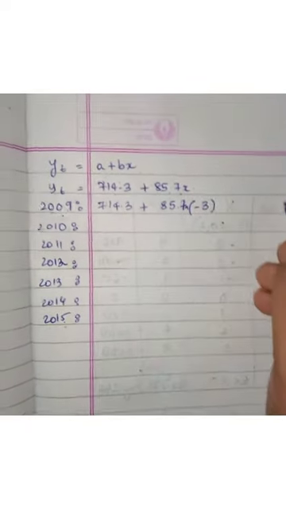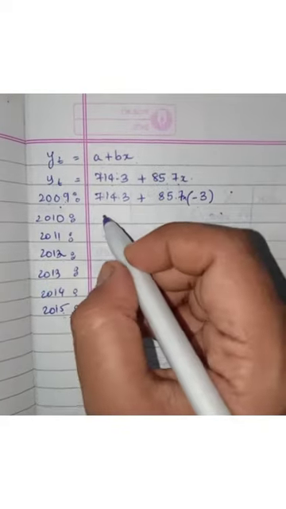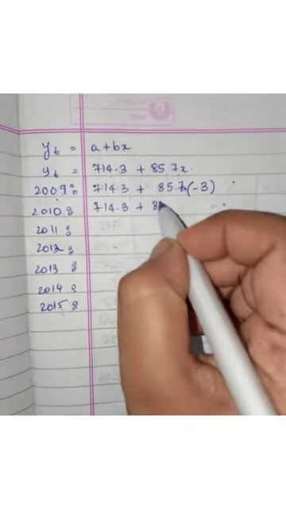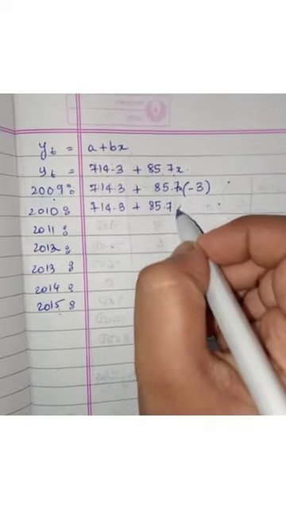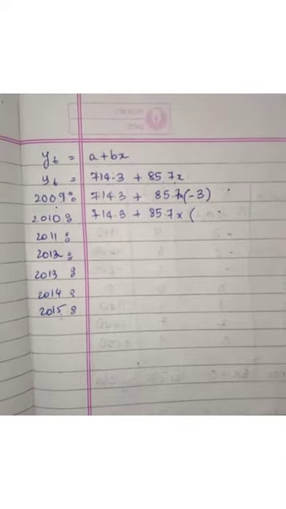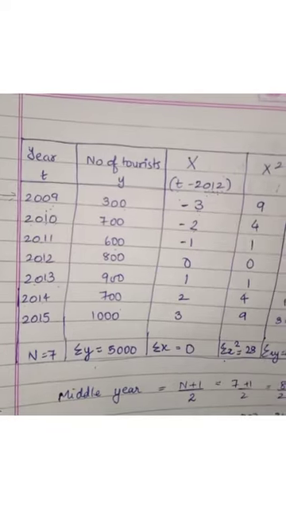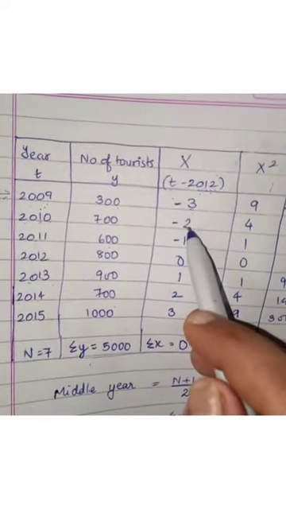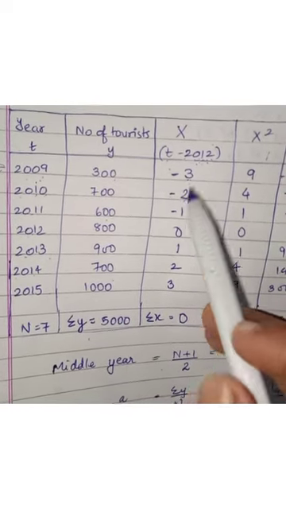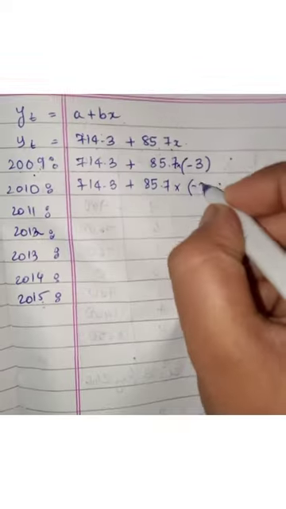Similarly for 2010, again write down a and b, the values remain the same, and for x we check the tabular column. There we have -2, which we substitute in the equation.